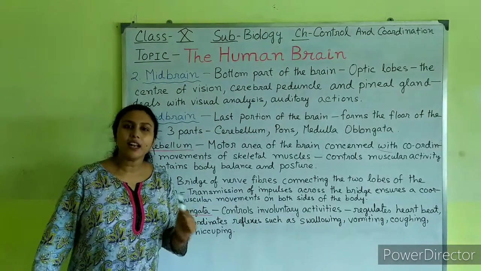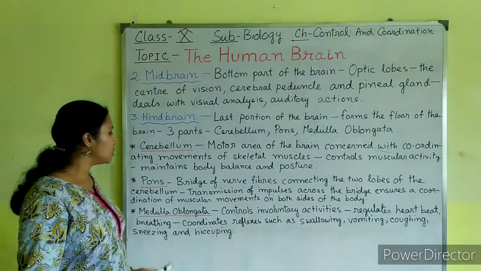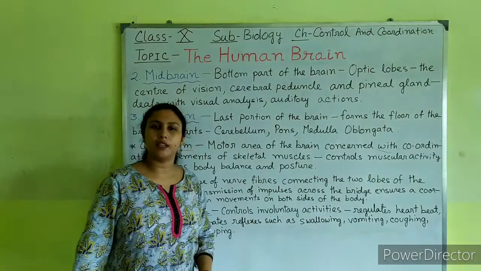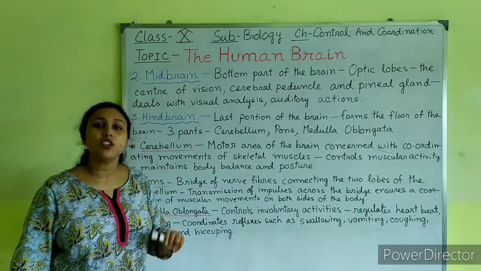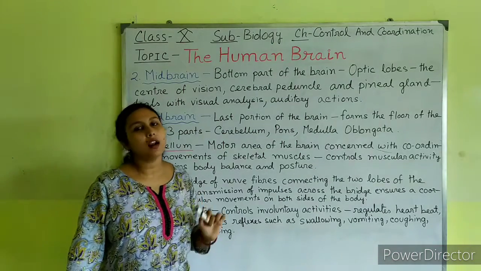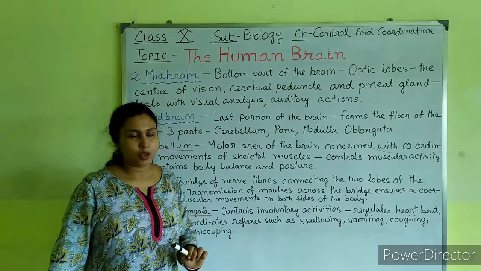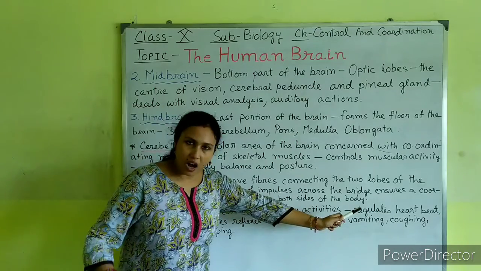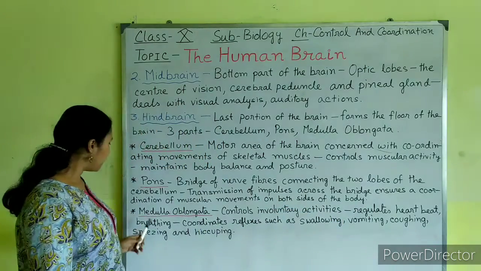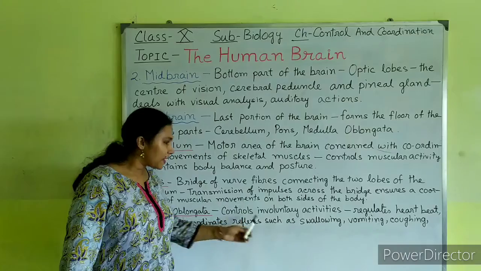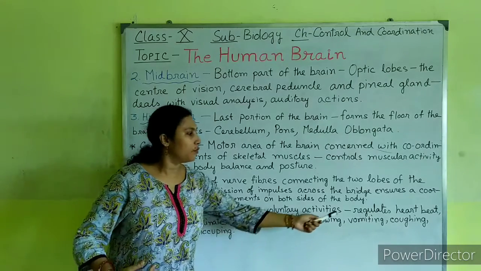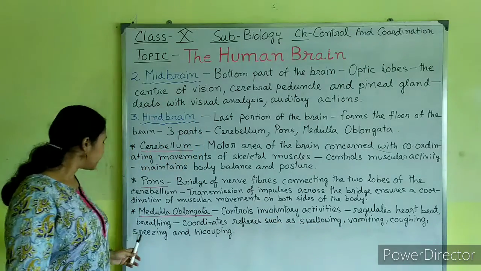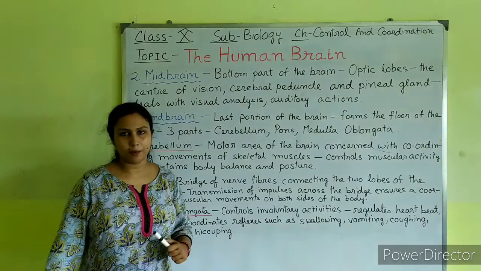So, the medulla oblongata controls the involuntary activities, that is the activities which are not under our control, like heartbeat regulation, breathing, and reflexes such as swallowing, vomiting, coughing, sneezing and hiccuping.